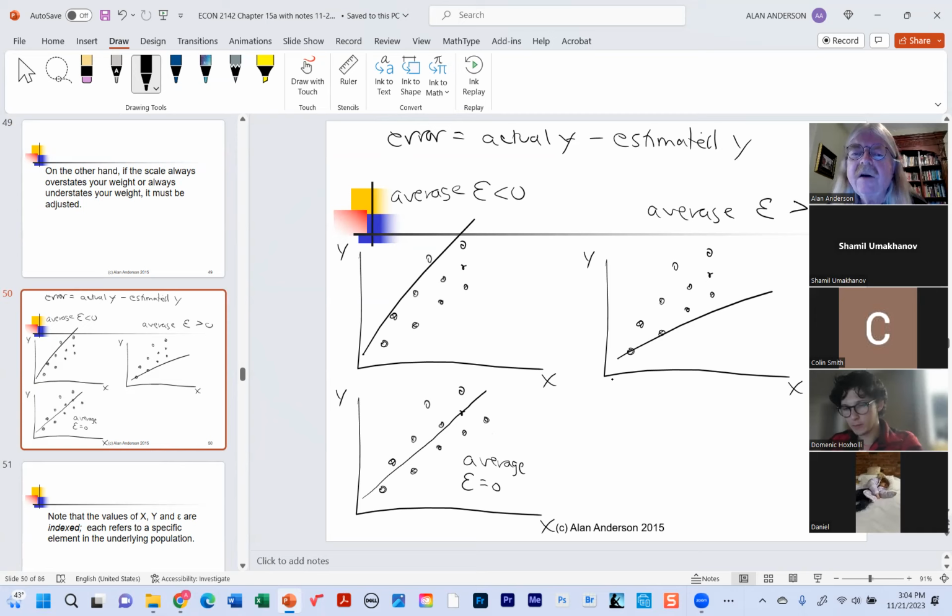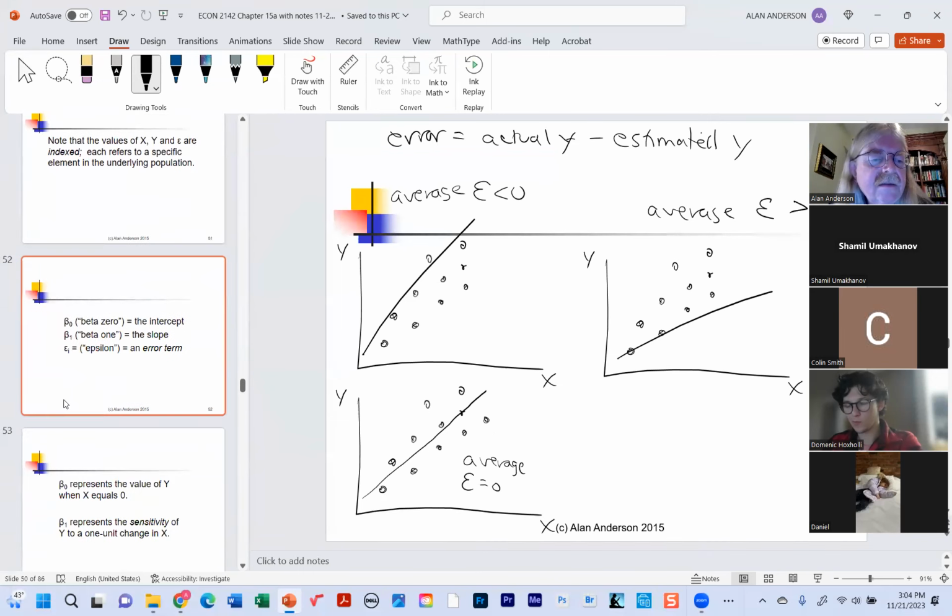That means the error terms altogether are negative. The one in the upper right-hand corner is the opposite problem. If either of those two is the case, we have to do something. We have to not run the regression, or change the variables, or do something different. All right.